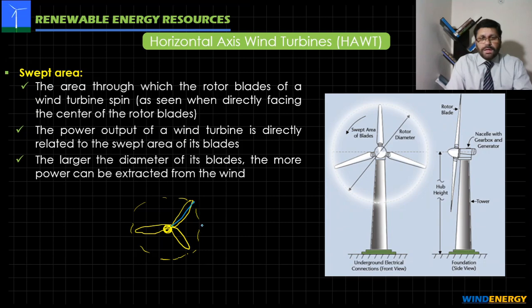So the overall area is going to be circular in shape, and if we take this as the length of the blade, we take it as R. So the area we can calculate by 2 pi R square, and this is the swept area.